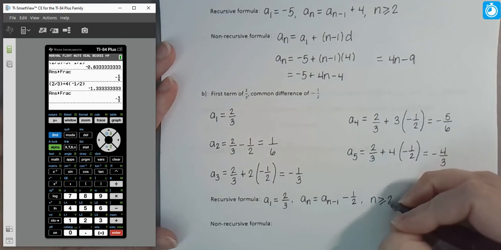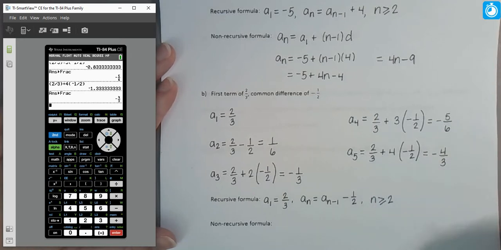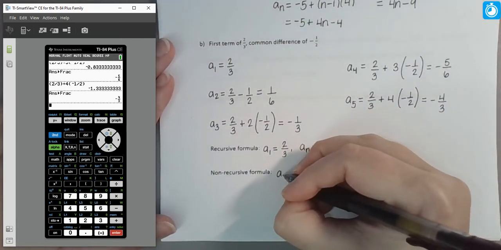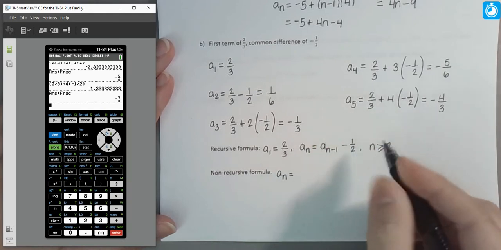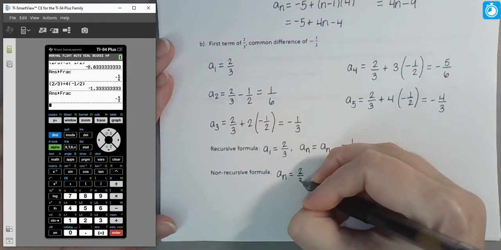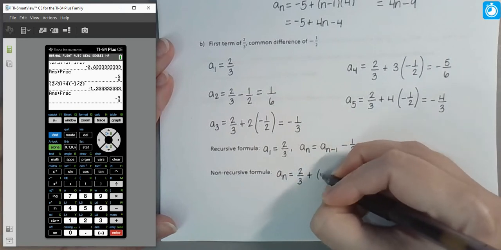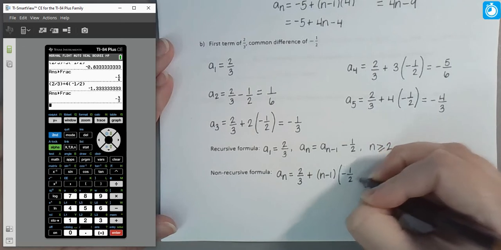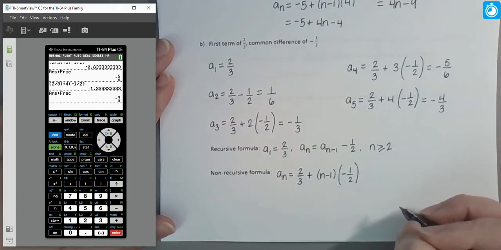And that rule is going to apply for all values of n greater than or equal to 2. And then if we want our non-recursive formula, that's going to be a sub n is equal to our first term, which is 2/3, plus n minus 1 times our common difference, which in this case is negative 1/2.